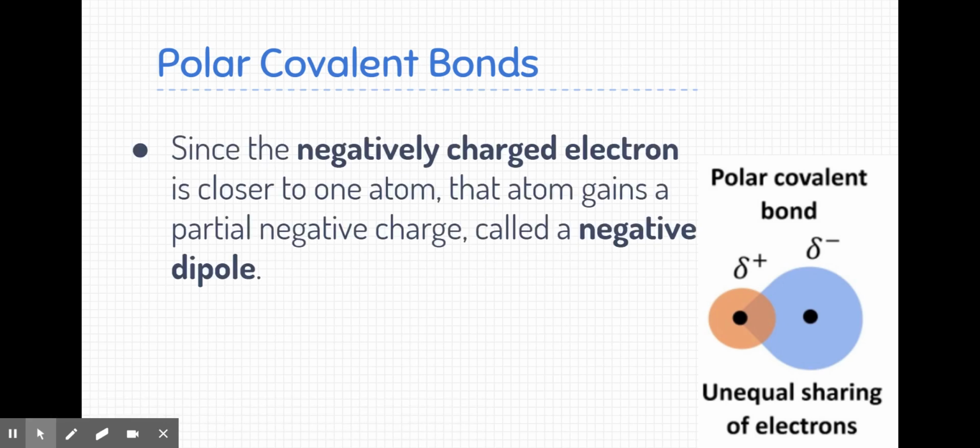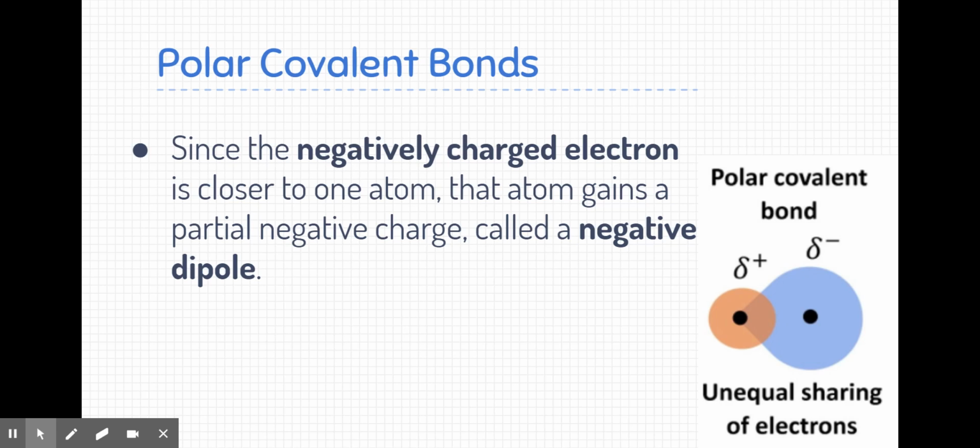What happens, and this is going to become very important as we move through chemistry, is that when one atom has a stronger pull on the electrons, the negatively charged electrons are pulled closer to that atom. And as a result, the atom with the higher electronegativity gets a partial negative charge. And partial charges are referred to as dipoles.